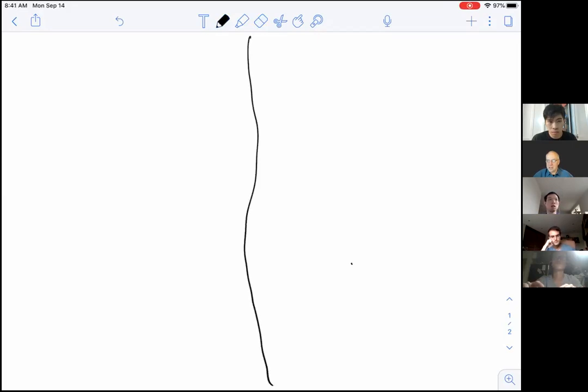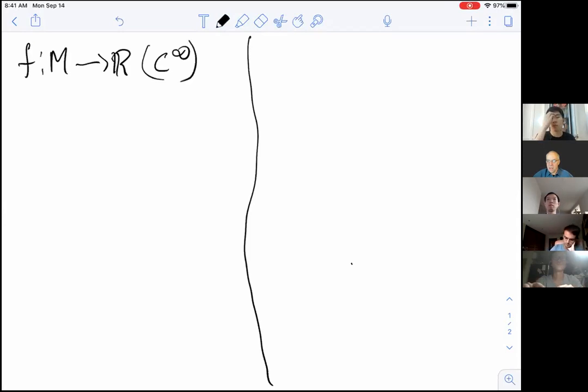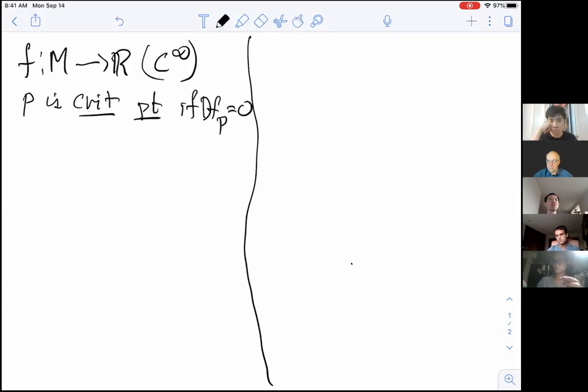So basic definitions. We're interested in functions from a smooth manifold to the real numbers, C infinity functions. We say that P in the manifold is a critical point if the differential of F at P vanishes. Otherwise, it's a regular point.